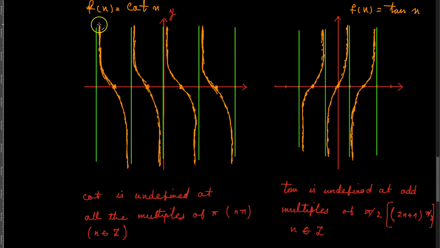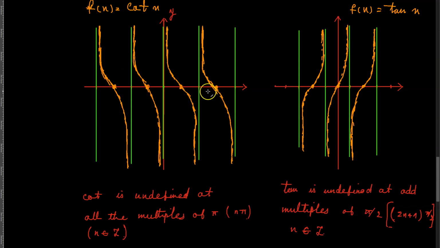The function starts at positive infinity and starts decreasing and goes all the way down to negative infinity. The other function, at the beginning of the cycle, starts from negative infinity and starts increasing all the way up to positive infinity. So this is how you know where you can use these two types of functions. Okay, so that's basically the cot function.